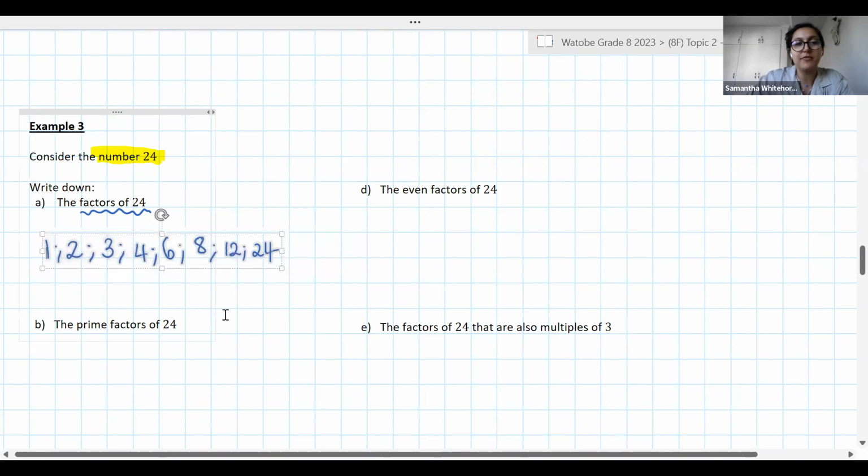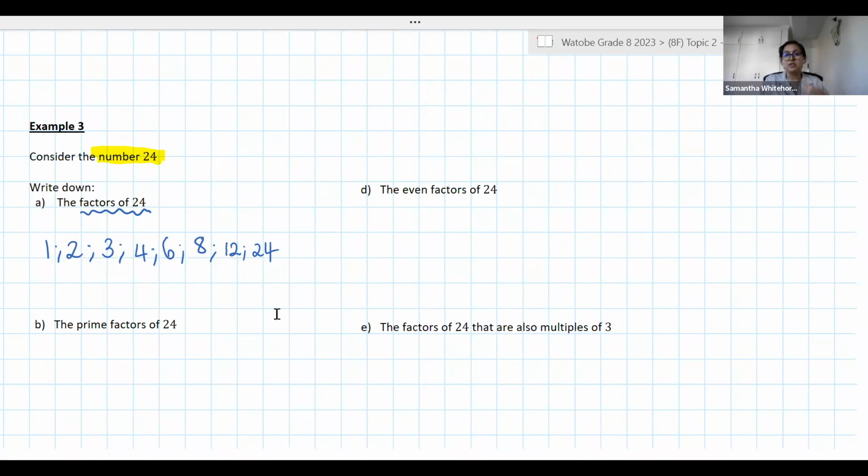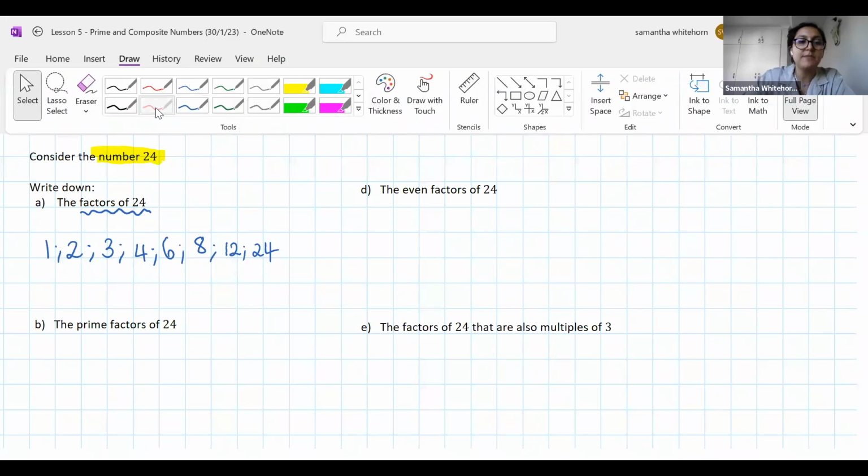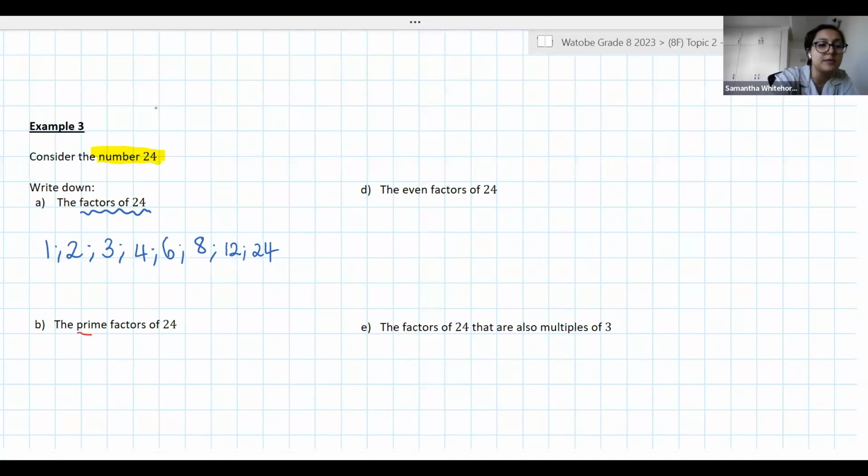Okay, so guys, remember factors are numbers that can divide into the number we're looking at without a remainder. So Tandal has given us our factors of 24 here: 1, 2, 3, 4, 6, 8, 12, and 24. Now because we've got this list of factors, E becomes a little bit easier, because now I'm looking just for the prime factors of 24.